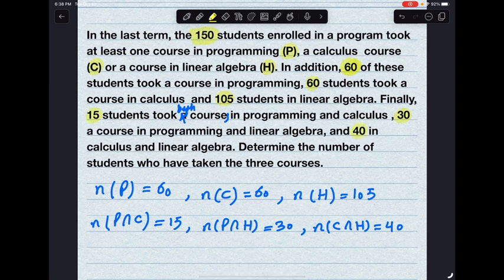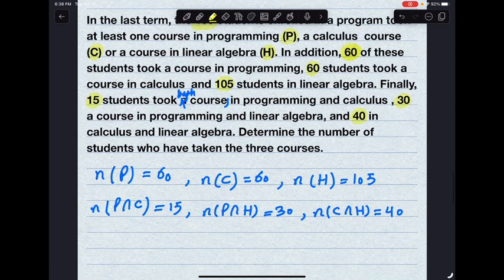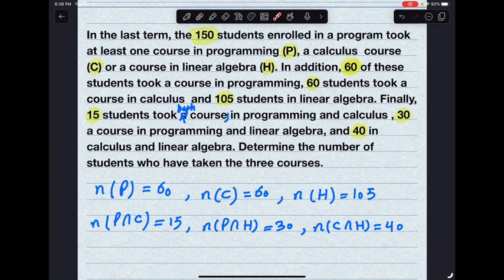And what about 150? 150 is the total number of students. So it means N of P union C union H.